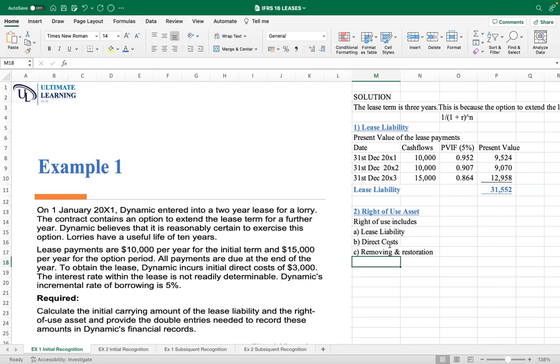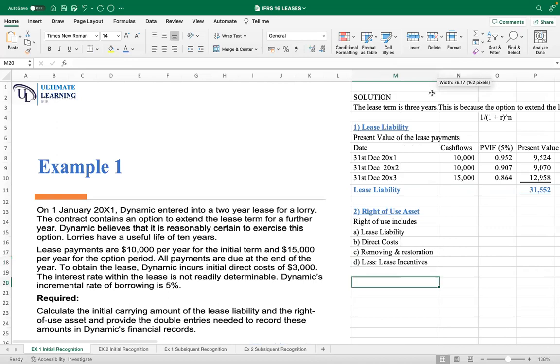Number 4, or D, we said it includes removing and restoration. Number E, you less any lease incentives. Lease incentives. So basically, that is what we said that lease includes.